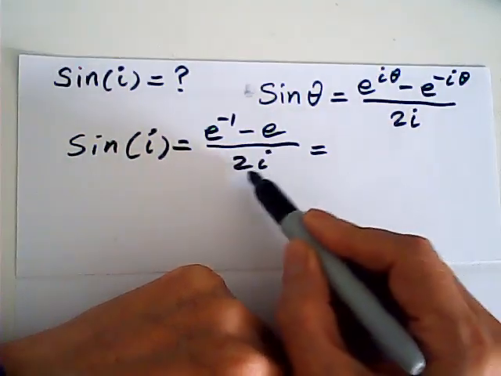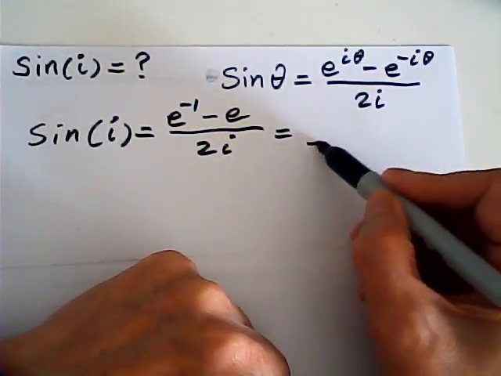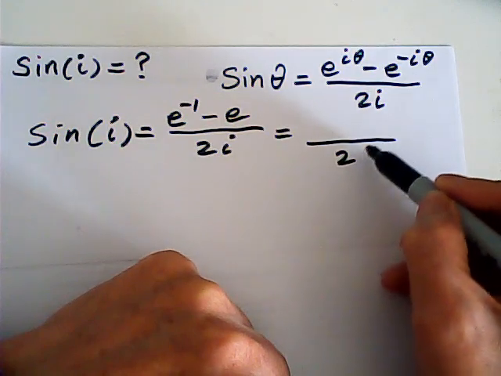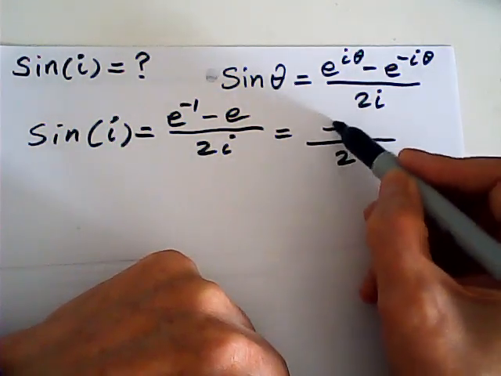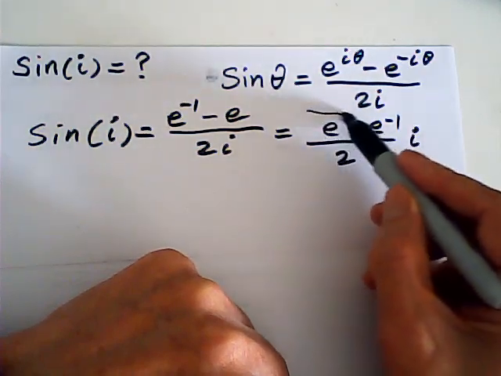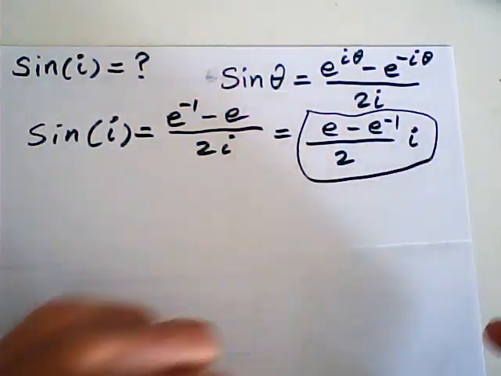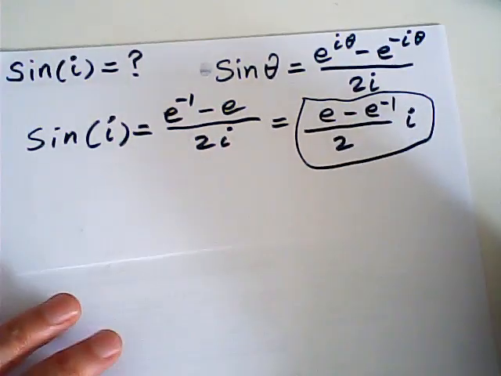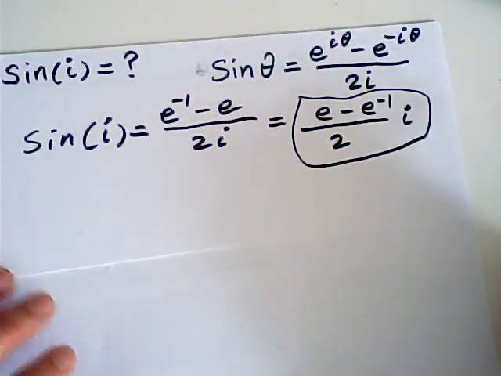Then divided by i is multiplied by negative i. So this is e minus e to the negative 1, over 2i. So that is the result, provided you know the formula, or you can derive the formula.